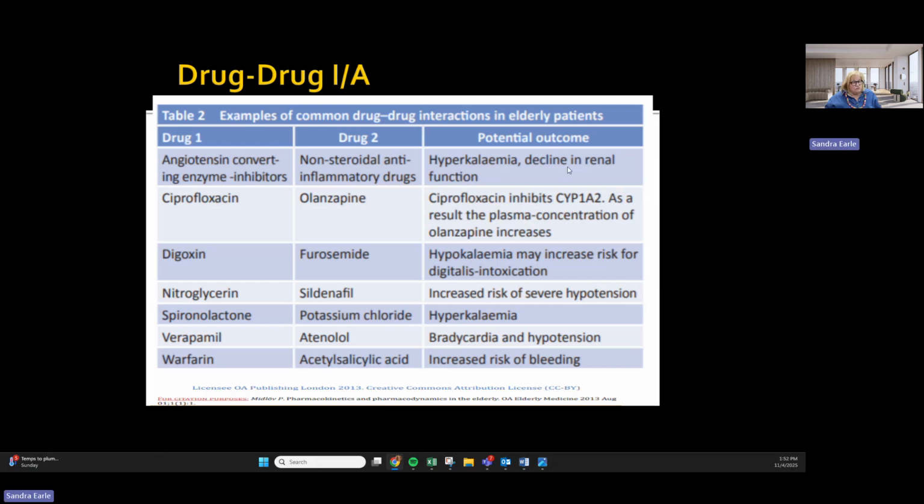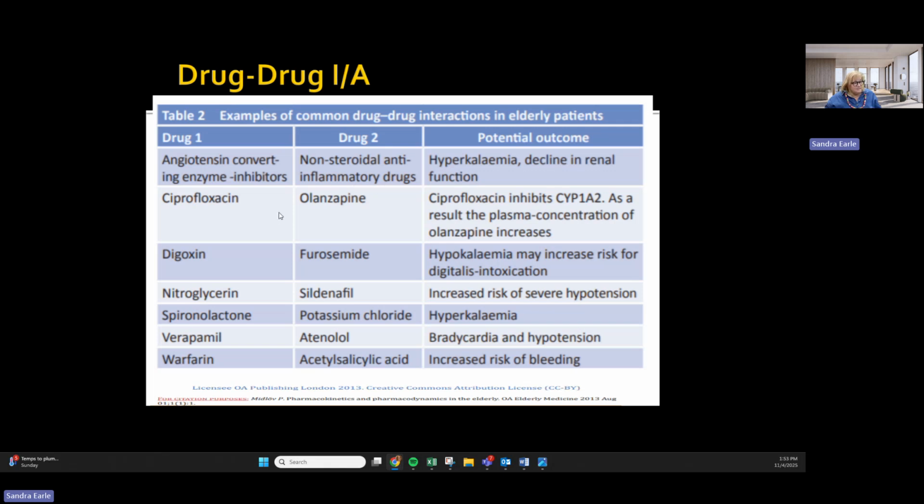And we also may see a higher additive decline in renal function due to giving both these drugs together because of decreases in renal plasma flow with both. So adding these together could put your patient at higher risk for hyperkalemia, which is really scary in the elderly, as well as an additive effect of decline in renal function.